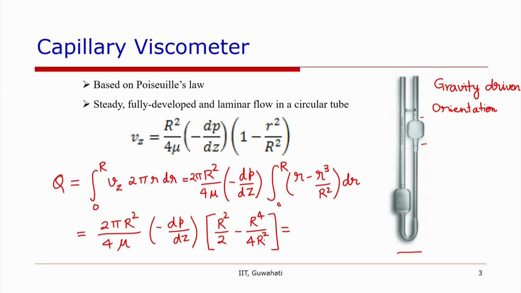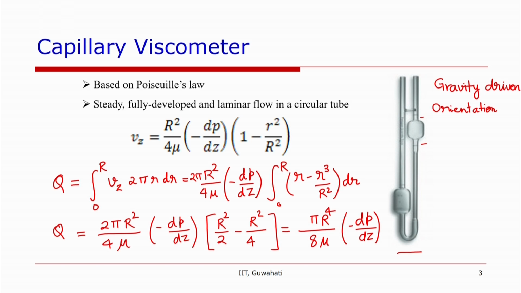So when we change this, this will become r squared by 4, and we will get 8 pi r raised to the power 4 divided by pi r to the power 4 divided by 8 mu minus dp by dz, which is the volumetric flow rate through the capillary.